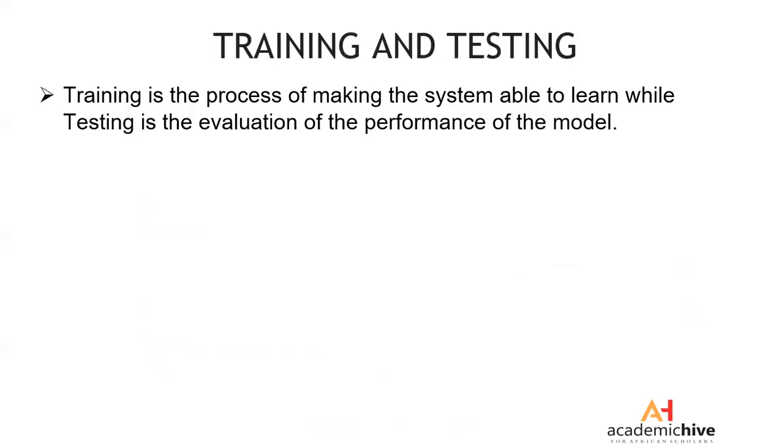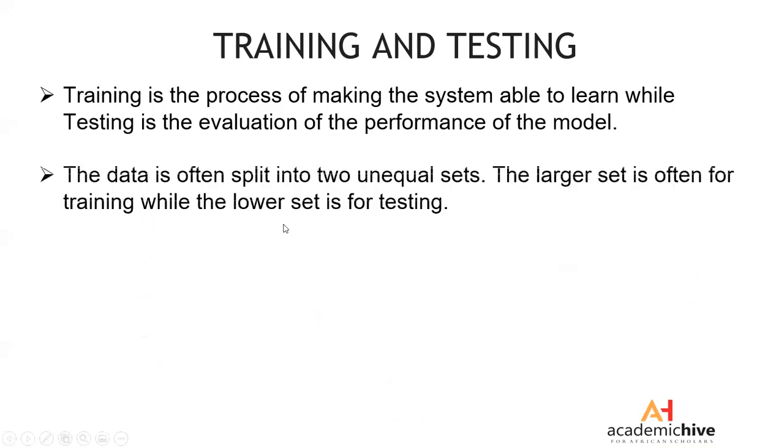So a very key aspect of machine learning is training and testing of our data. Training is the process of making the system able to learn, while testing is the evaluation of the performance of the model. The data is often split into two unequal sets.